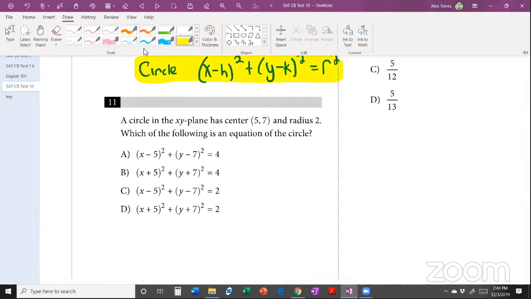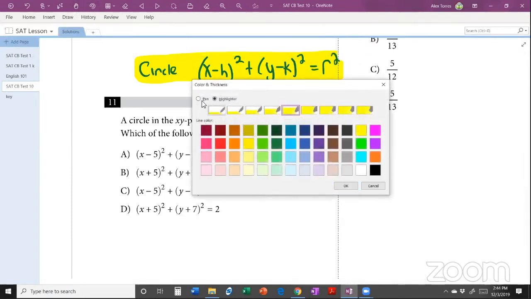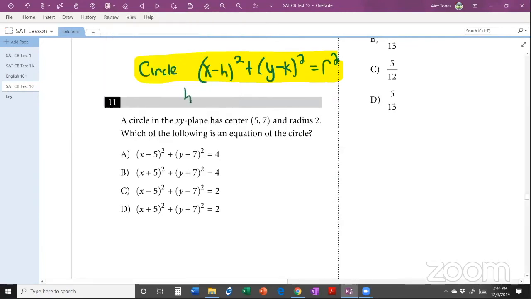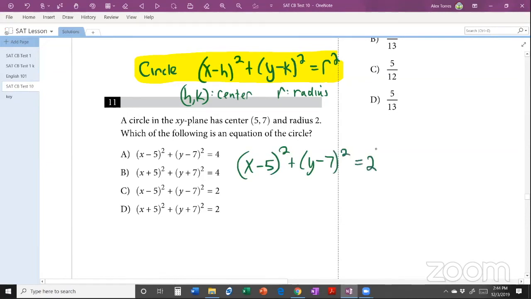And when you're doing this, h and k are the center, and r is the radius. So (x minus 5) squared plus (y minus 7) squared equals the radius squared. So 2 squared is 4. So we're going to have x minus 5, y minus 7, and 4. So the answer for number 11 is A.